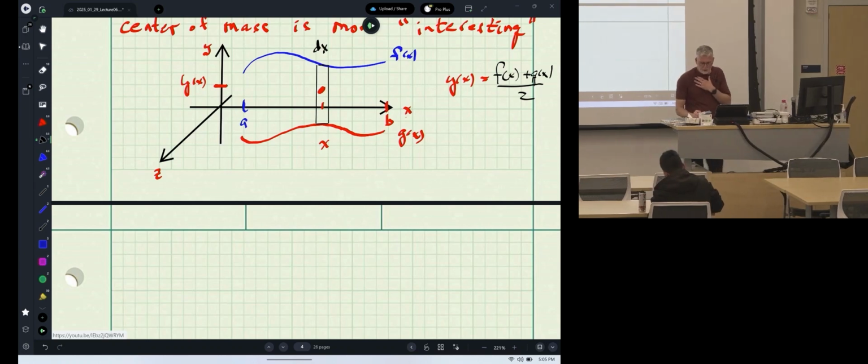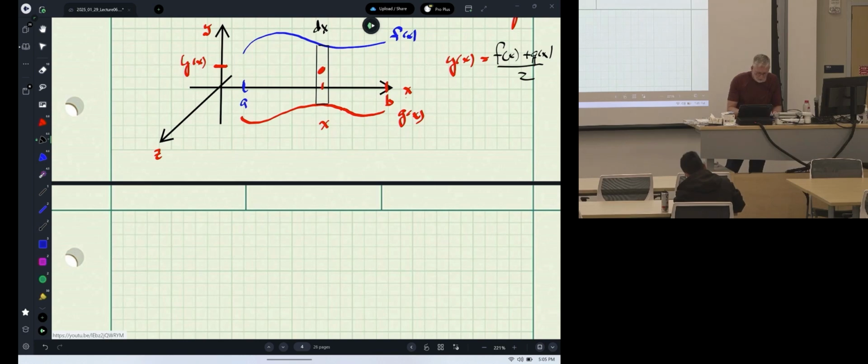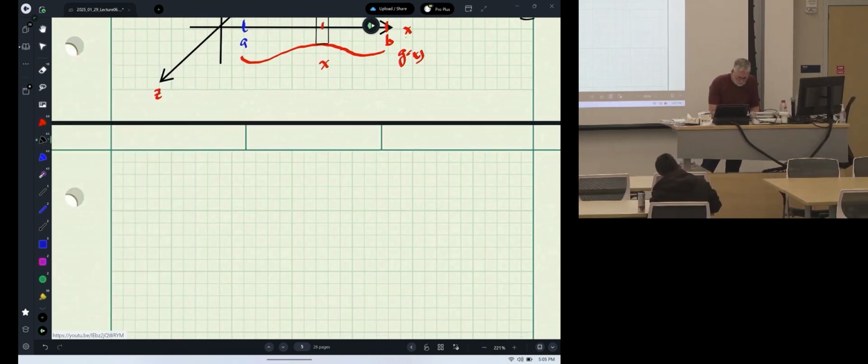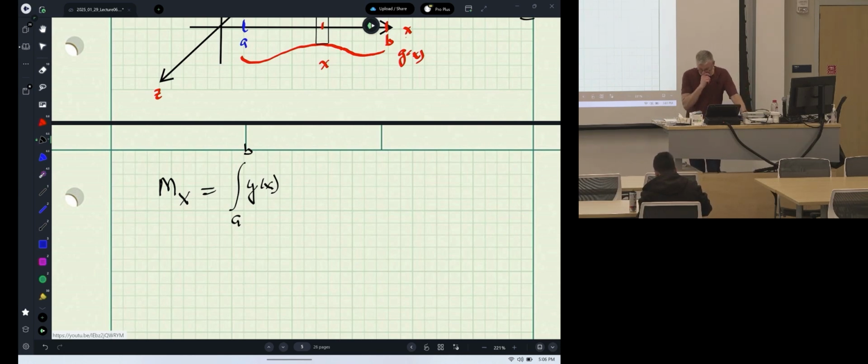Okay, so now we need to integrate to get Mx. We already know the total mass is going to be the integral from a to b of the distance of the center of mass from the y-axis times the differential mass dm of x.